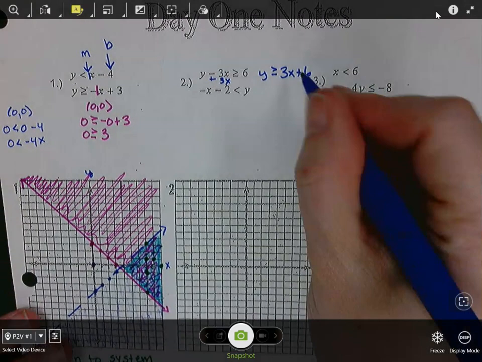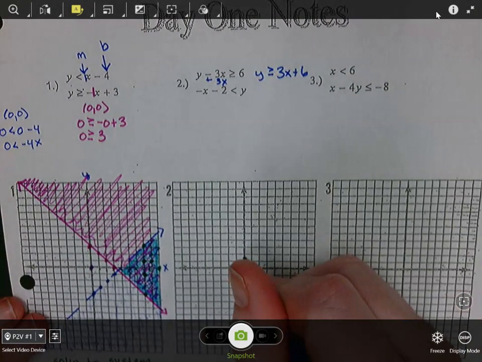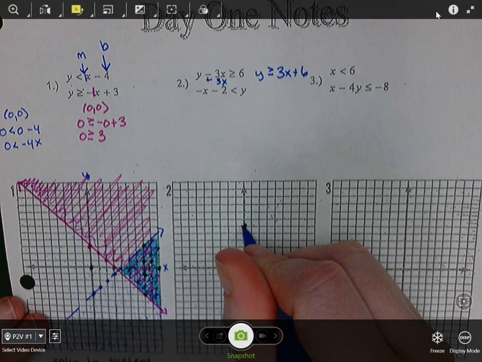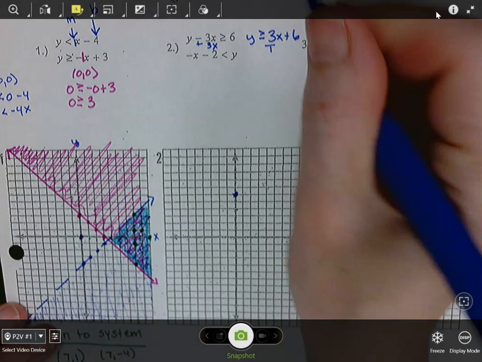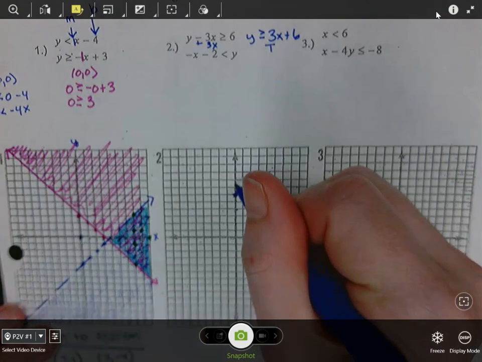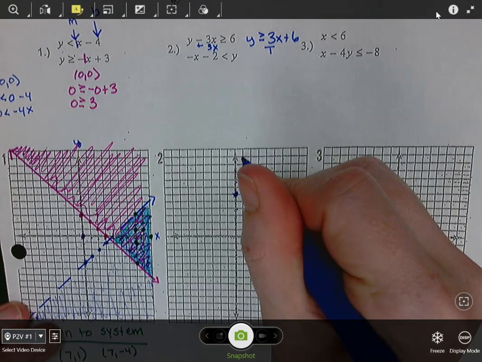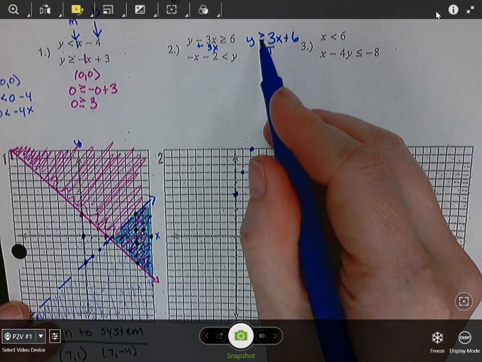Okay, and I graph this one at 6, 1, 2, 3, 4, 5, 6. I put a dot on the 6 on the y-axis, and my slope is 3 over 1. So I start here and I go up 3 over 1, up 3 over 1, and my line is solid.